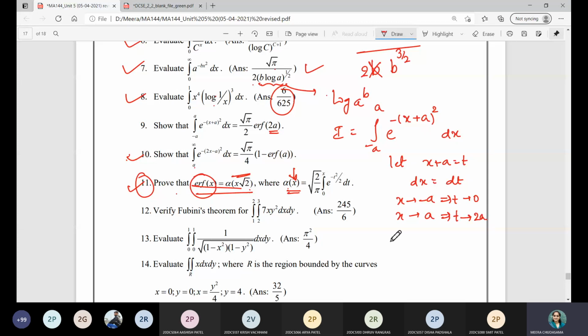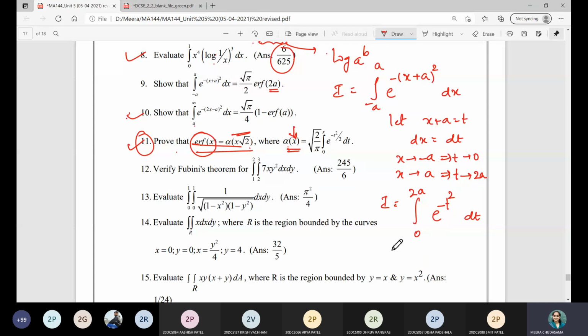So I is integral 0 to 2a e raised to minus t square dx, which is the same as dt, right? So this will become the error function, but for that you will require 2 upon square root of pi, so I have to multiply and divide by that quantity. So 0 to 2a e raised to minus t square dt. Now you can see that this will become the error function at 2a, and square root of pi upon 2 is already there. So we have proved that quantity also, right?